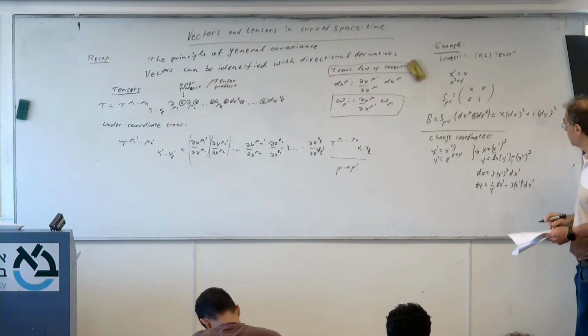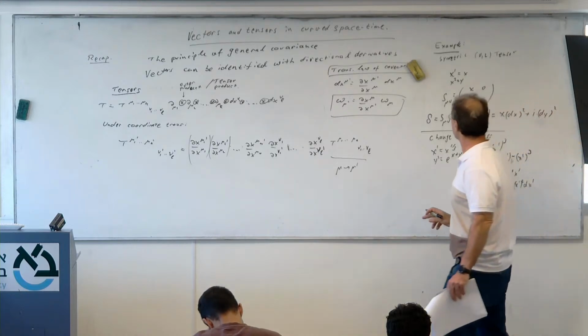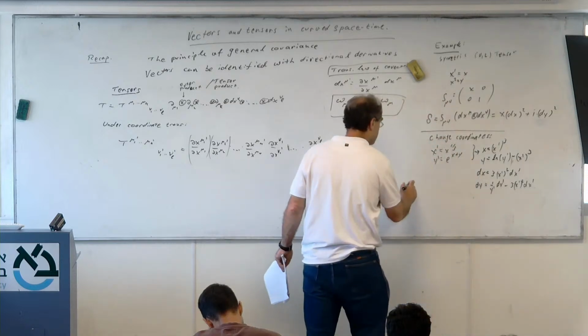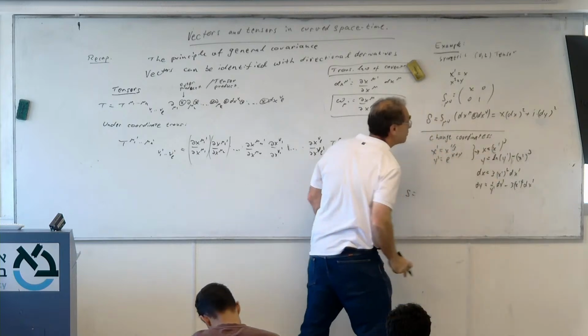Which is exactly what you write down if you want to change the coordinates. I can write down S in these new coordinates as x times dx squared plus dy squared.